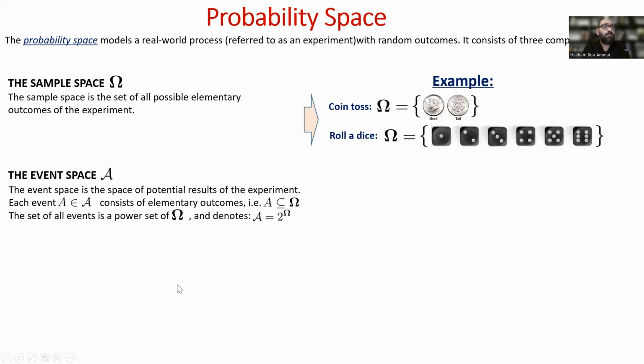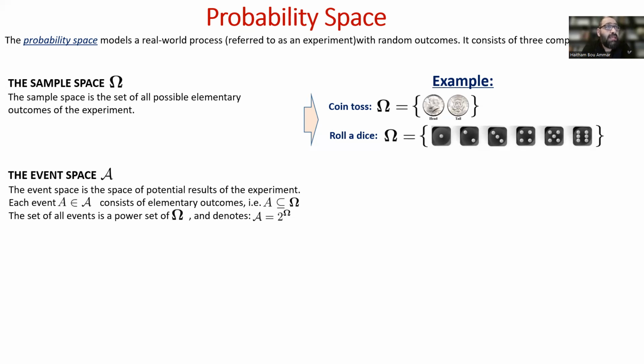The second thing the probability space is made of is the event space. When we are doing these experiments, there are events that occur, and we are interested in quantifying things related to those events.